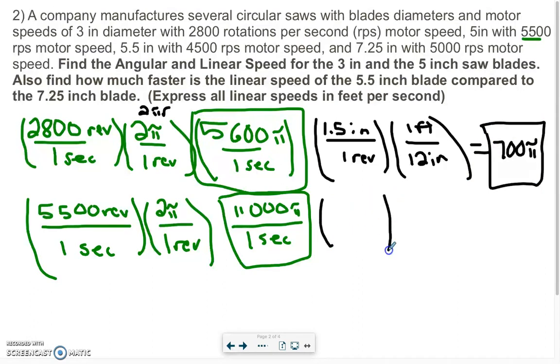We do the same thing for the 5-inch one, so we multiply by 2.5 inches in 1 revolution.